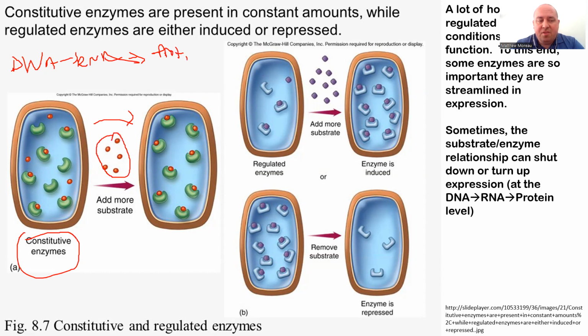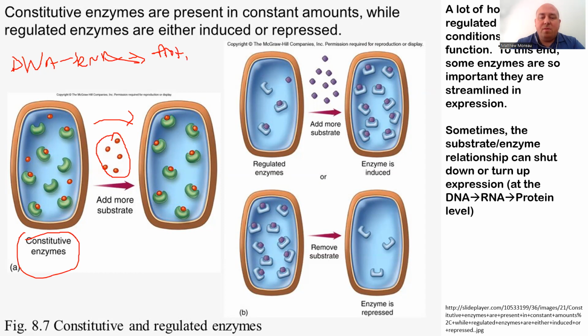So if you produce, say, 10 enzymes per minute, and you then go from, say, 10 pieces of substrate to 1,000 pieces of substrate, every minute you're still producing 10 enzymes, because the amount of substrate does not affect either the activity or the expression of that enzyme. And so therefore that's what we consider constitutive expression. So the ones that are just constant, they don't go up or down, they just stay at a certain level.